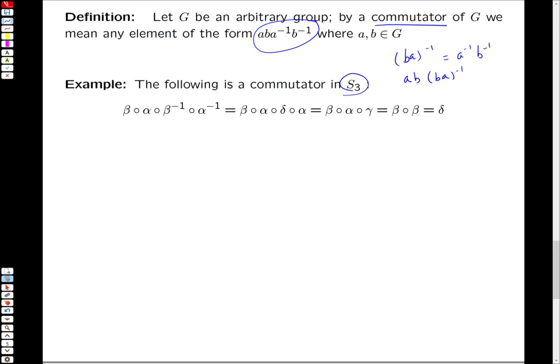We could have picked any number of things, but beta, alpha, then beta inverse, alpha inverse. So how do you evaluate that? We have to find out what beta inverse is and what alpha inverse is and plug them in. What is beta inverse? How do you figure out beta inverse? Look for epsilon on your beta row, and what gives you that epsilon?